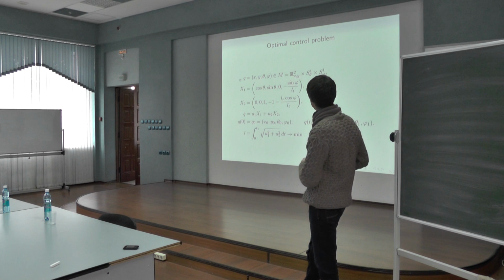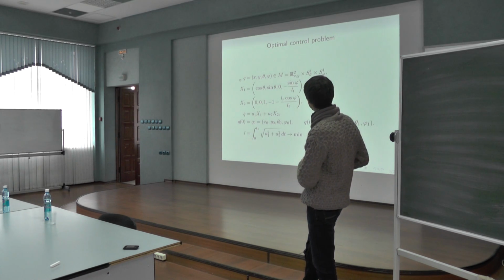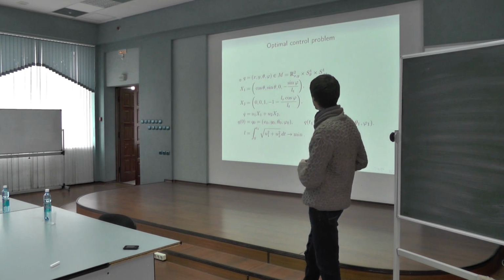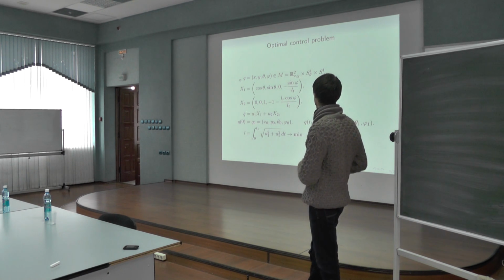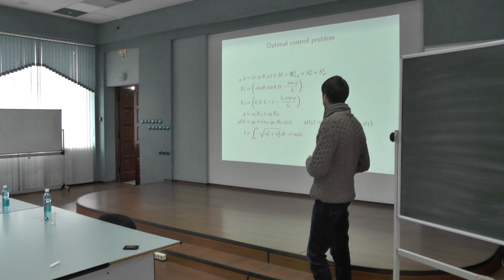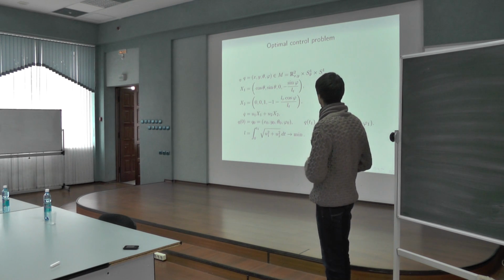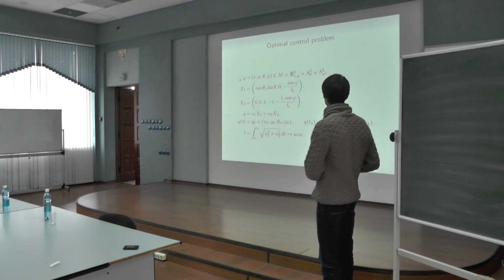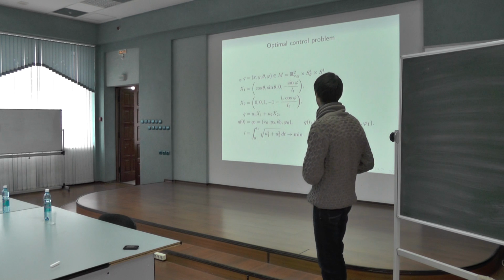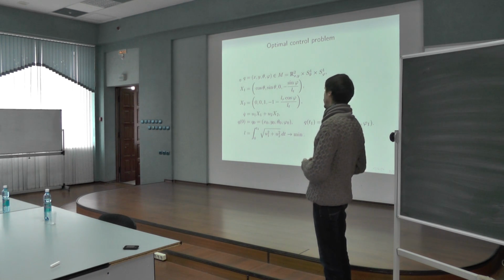Q represents a point in configuration space. We have a linear on controls differential system, which is defined by vector fields x1, x2, boundary conditions, and sub-Riemannian lengths to minimize.